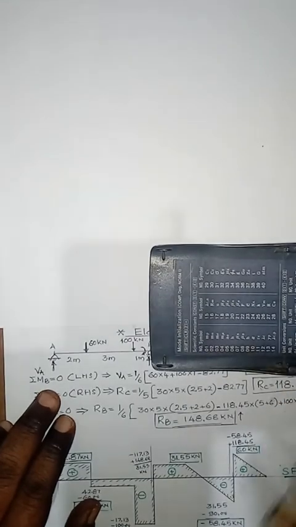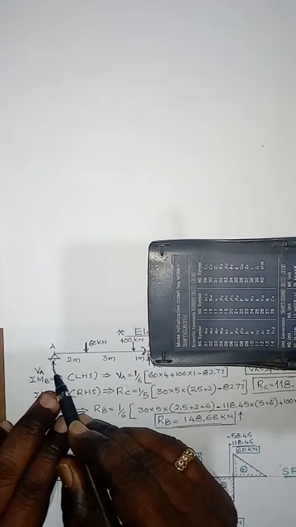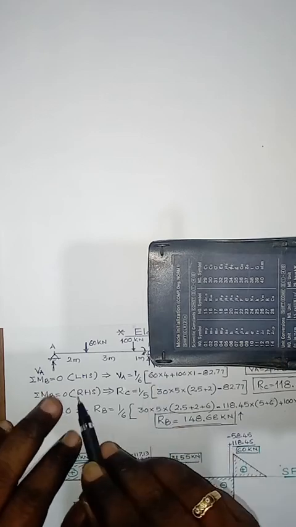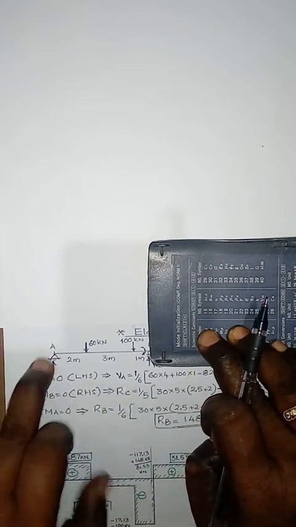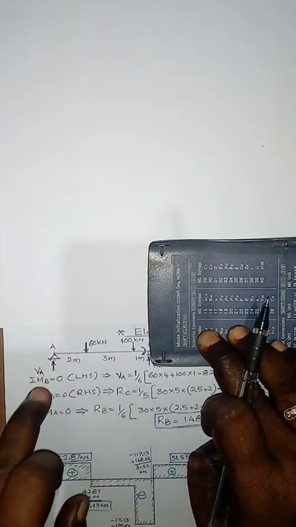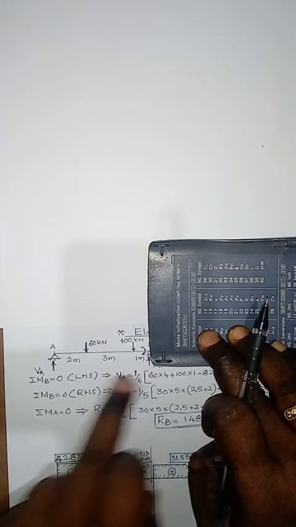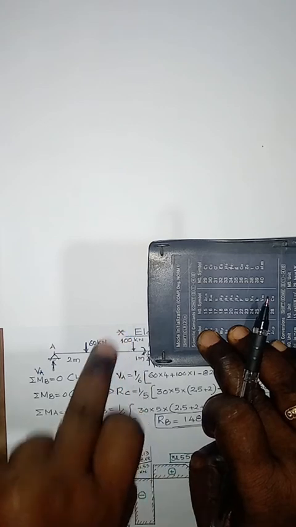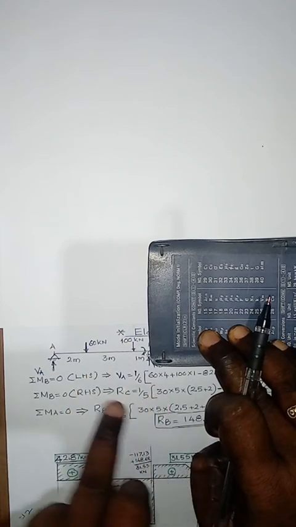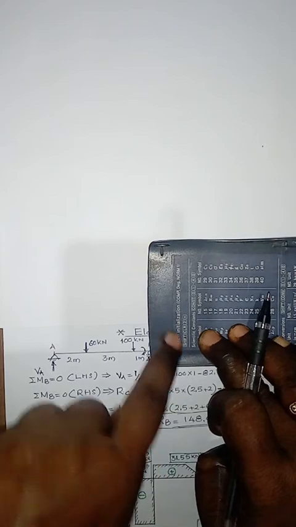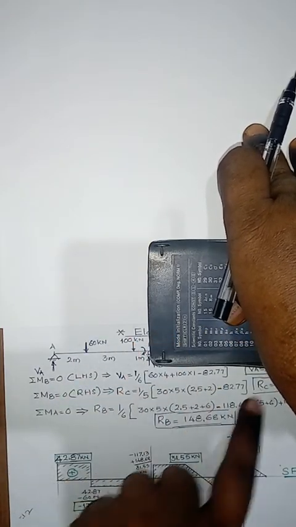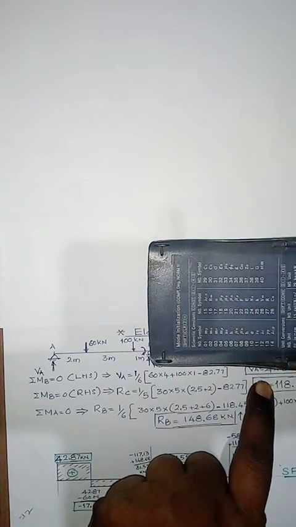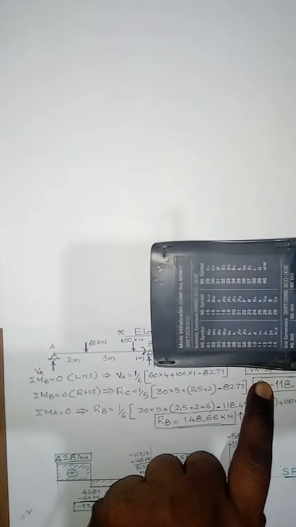By closing this portion, this one is VA, this one is RB. Only the LHS: VA into 6, that is clockwise, 60 into 3 plus 1, that is anti-clockwise, 100 into 1, that is again anti-clockwise. Here there is a resisting moment, the moment at support, that is anti-clockwise. We will get VA equals 42.87 kilonewton by closing this.